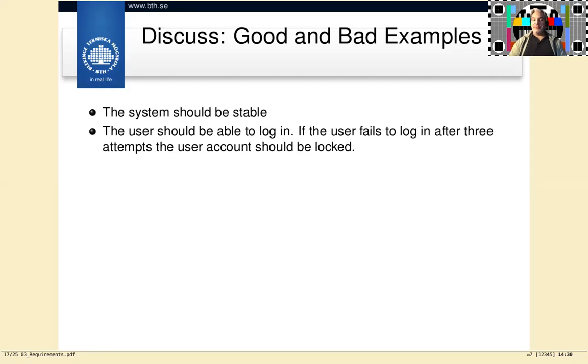The next one, the user should be able to log in. If the user fails to log in after 3 attempts, the user account should be locked. Again, with the should and shall, that's one thing. The other thing is these are at least 3 requirements.